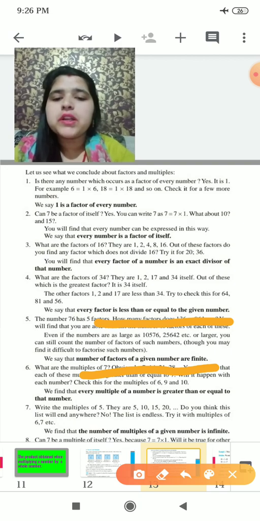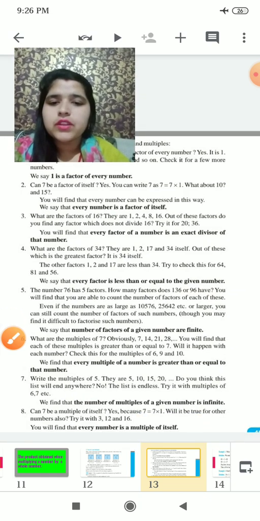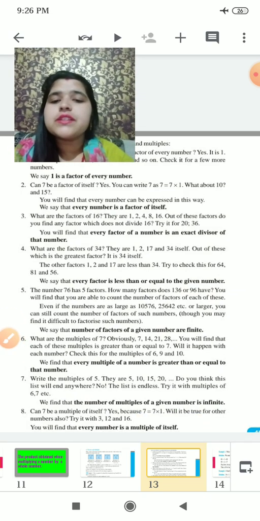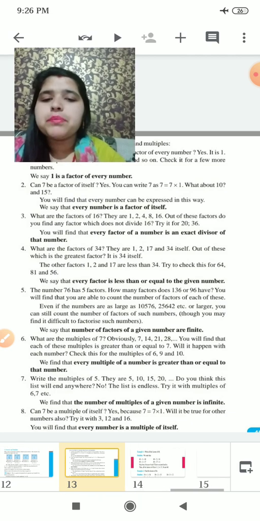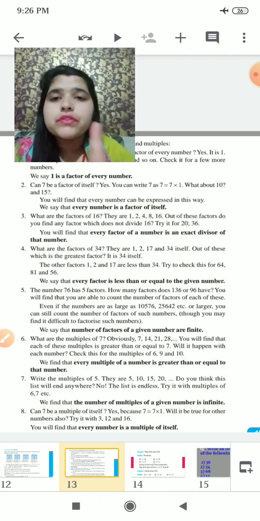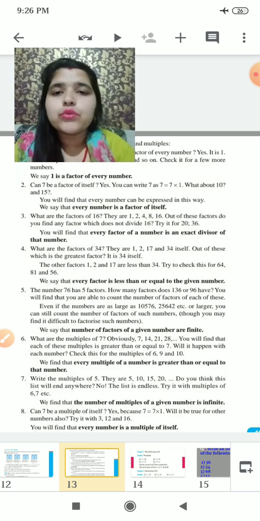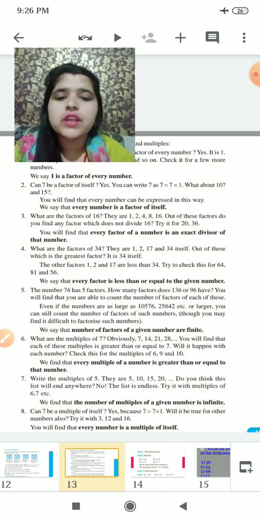The number of multiples of a given number will be infinite. Now last one is every number is a multiple of itself. That we have already discussed, that every number will be a multiple of itself. If I am telling you find the multiples of 6, so 6 will also be included in the multiples of 6.